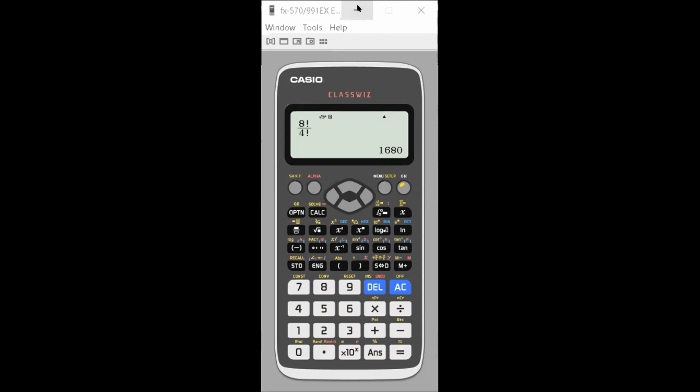How did you get the factorial from the calculator? Shift with this button, which is x raised to the power -1. Press shift with it, you will get the factorial.